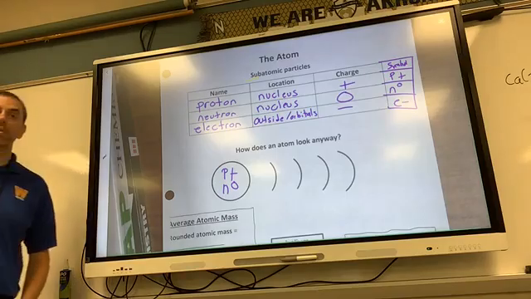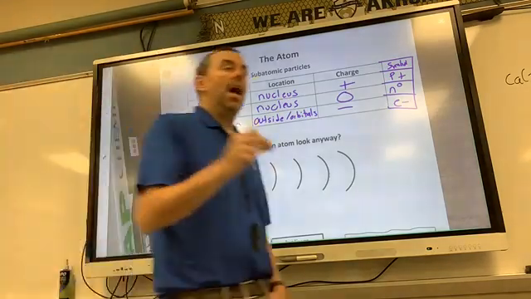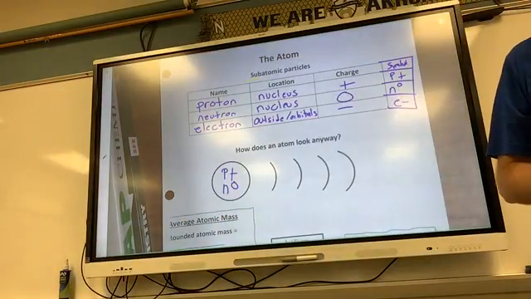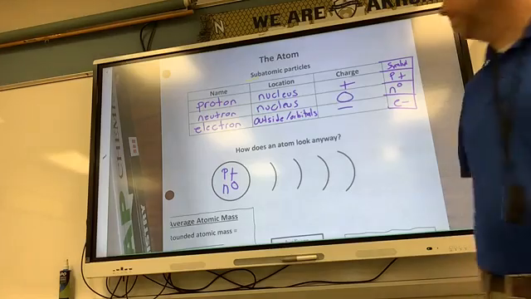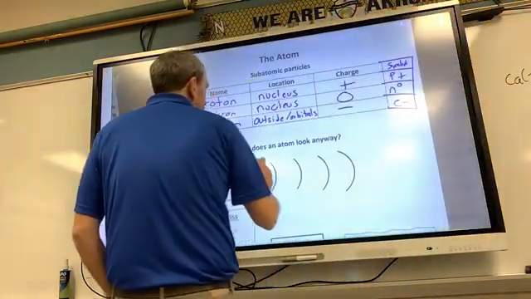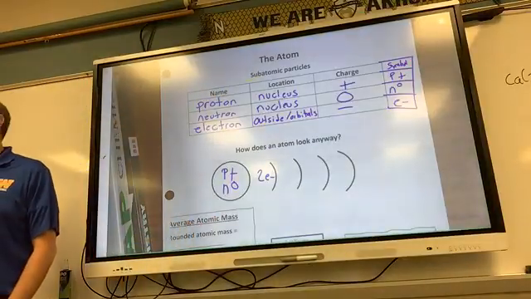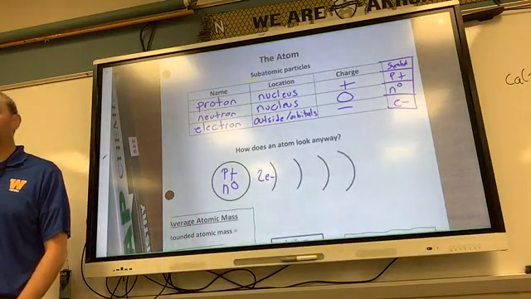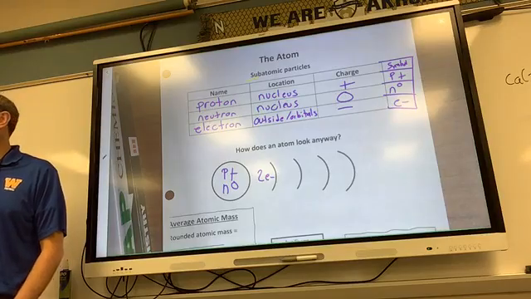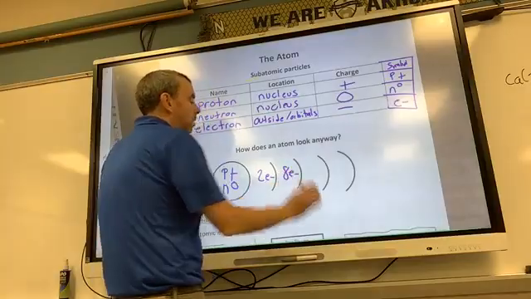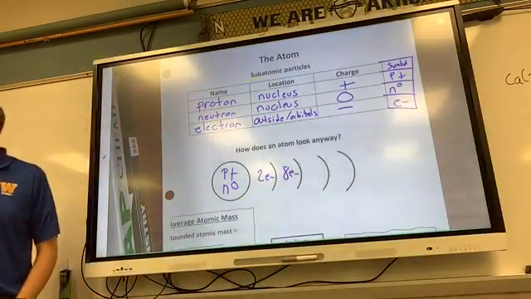You must memorize how many electrons go in each of these 4 rings. Any guesses of how many go in the first ring? 2. So I have 2 in the first ring. Any guesses for the second ring? 8. It goes 2, 8.